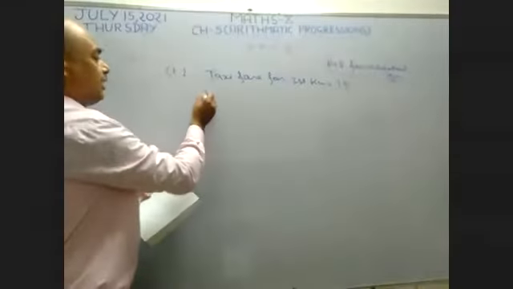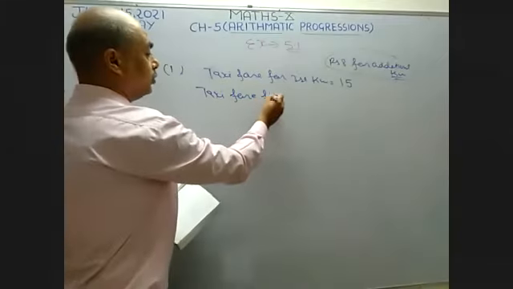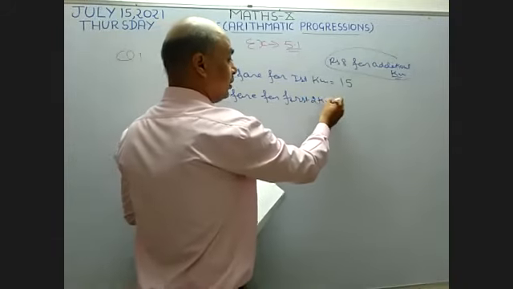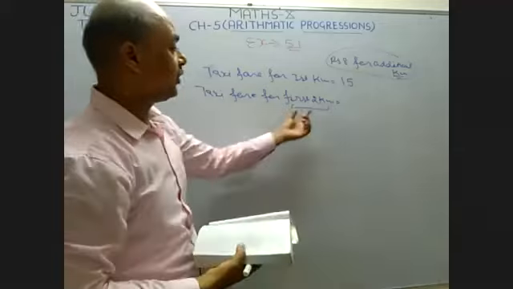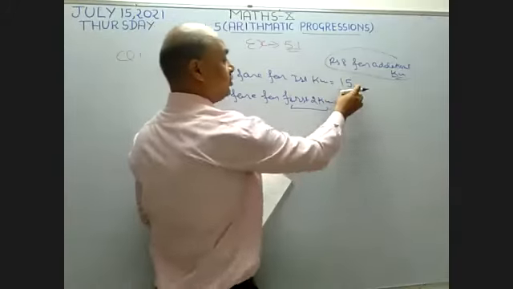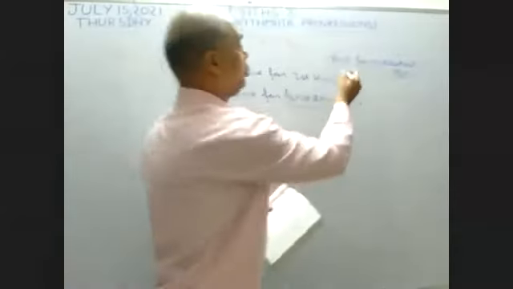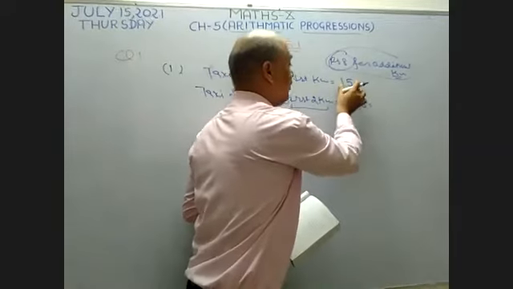And the taxi fare for the first 2 kilometers. Now I want to check the fare of the taxi for the first 2 kilometers. For the first kilometer, he is going to pay 15 rupees. For each additional kilometer, he is going to pay rupees 8. So I want to add 8 to the previous one.